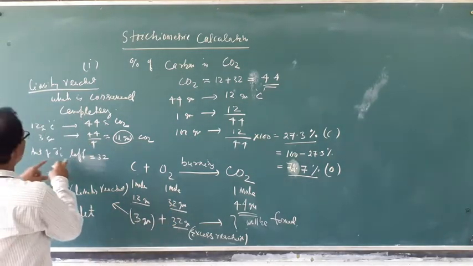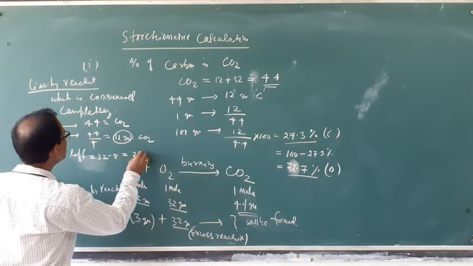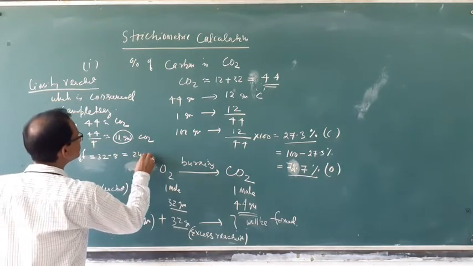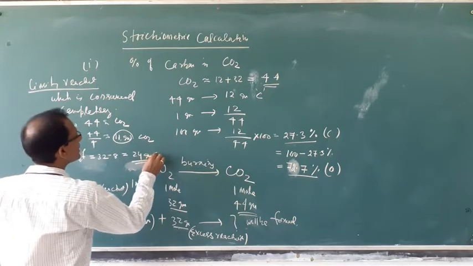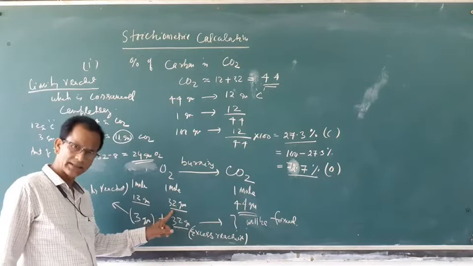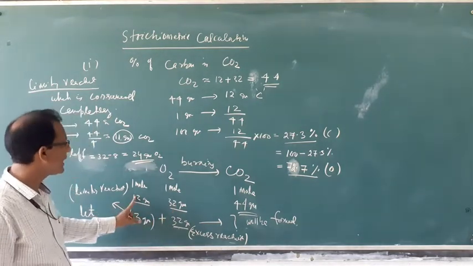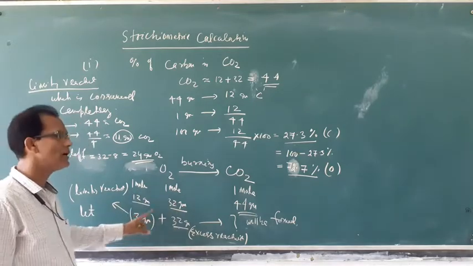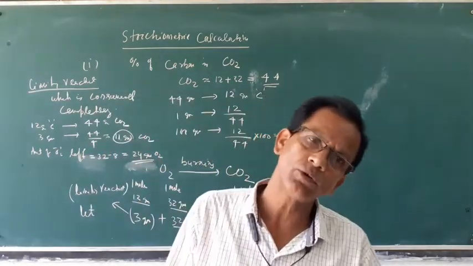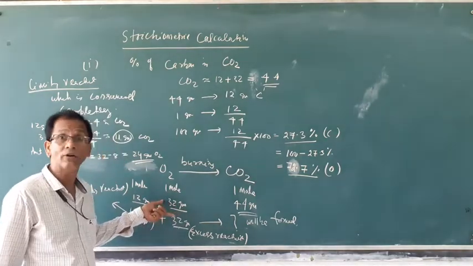So the amount of oxygen left is 32 minus 8, that is 24 gram. 24 gram oxygen will be left and 8 gram will be reacted out of 32 gram. So on the basis of the limiting reactant value, we find the amount of product produced and the amount of other reactant combined.